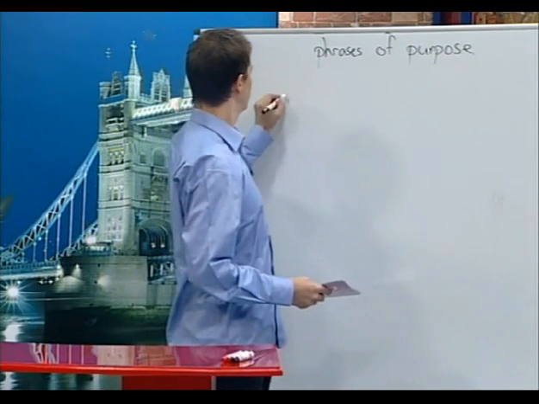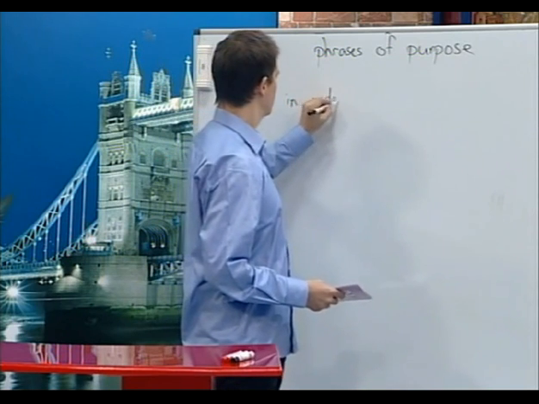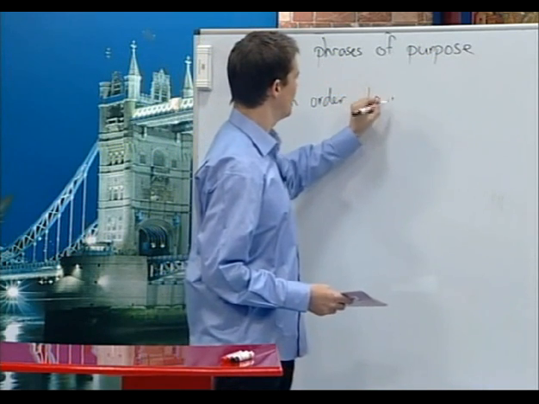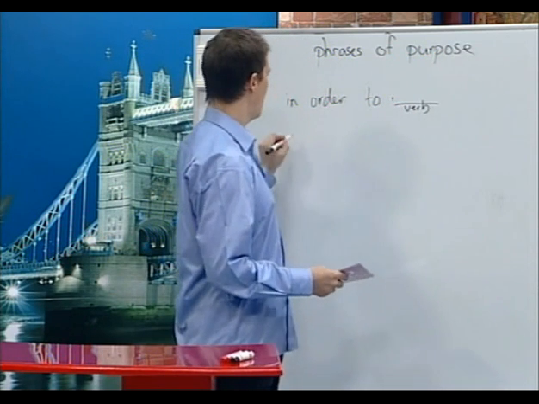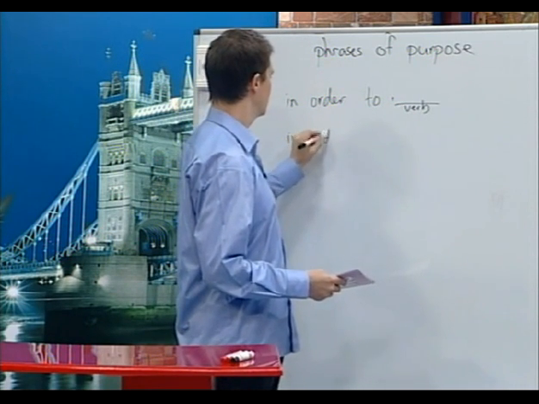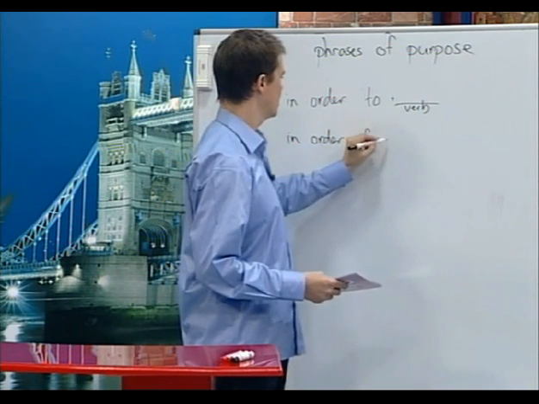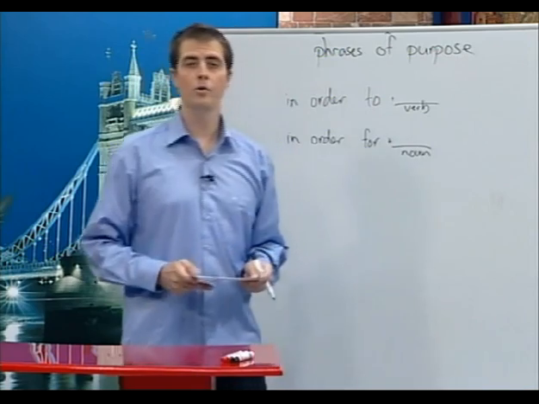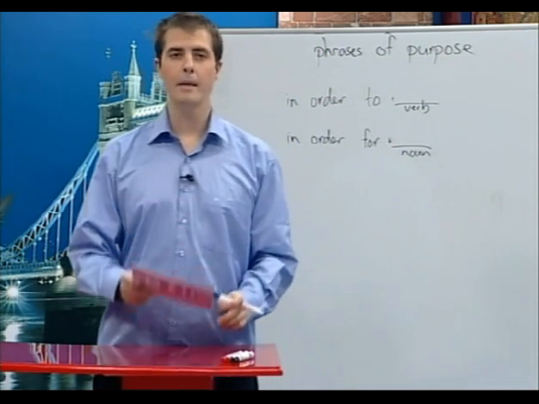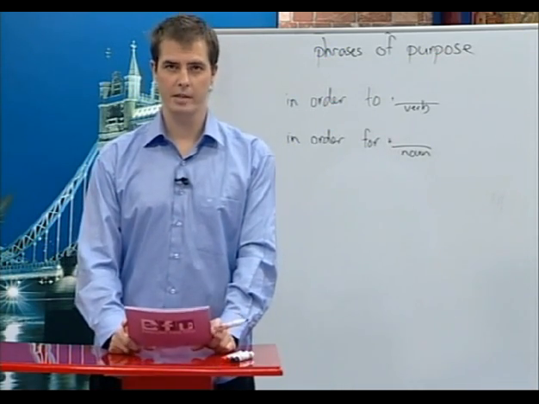In order to plus verb, or in order for plus noun, are used to indicate an aim or purpose of achieving something.